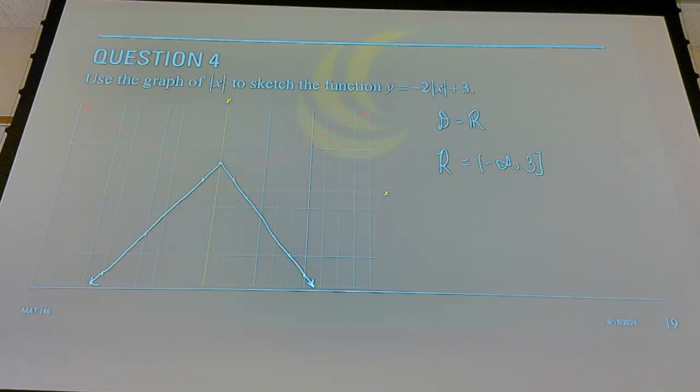How does infinity work with that? Can you just put a bracket on infinity? Do you ever put brackets on infinity? What does a bracket mean? What point is infinity? It's not a point. It's just a representation of continuing on forever, increasing without bound. So you can't really include it.